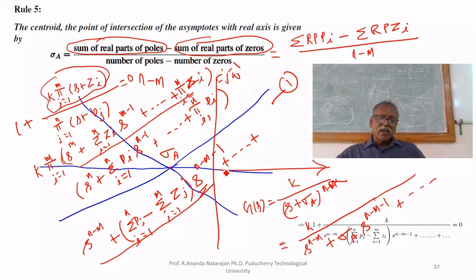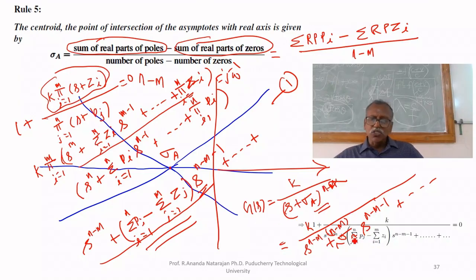If we compare these two, in the second term here one more coefficient appears, that is n minus m. Here the coefficient is n minus m times sigma A times s power n minus m minus 1. This is the binomial expansion to the power n minus m.